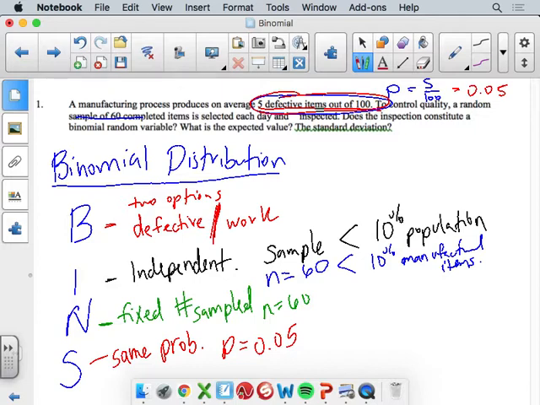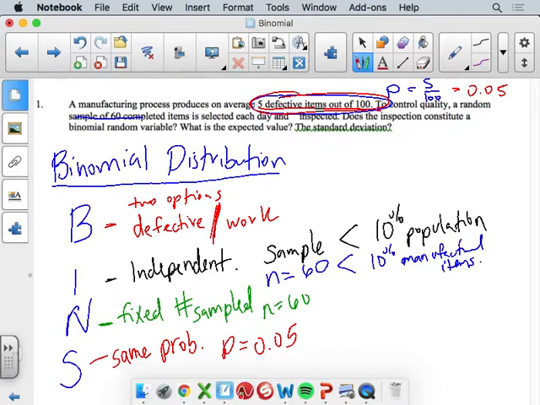But if it said, what's the probability of getting a 1, 2, 3, or, say, you win the game if you get this, then it would be. So binary is one or two options, checking independence. Independence is sometimes you have to assume things, fixed number of trials, same probability.